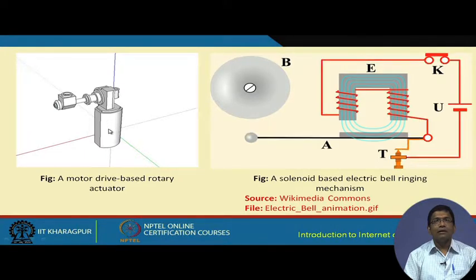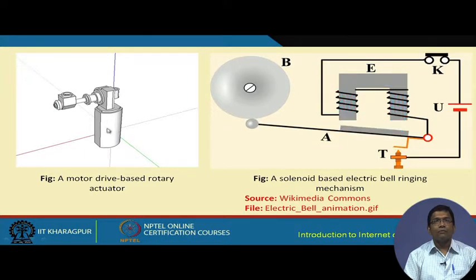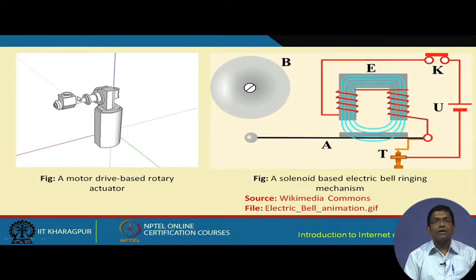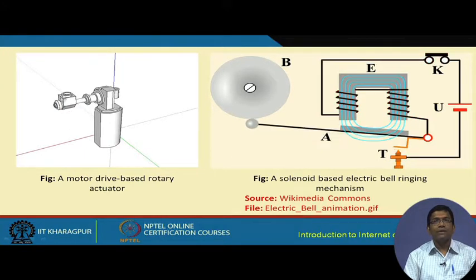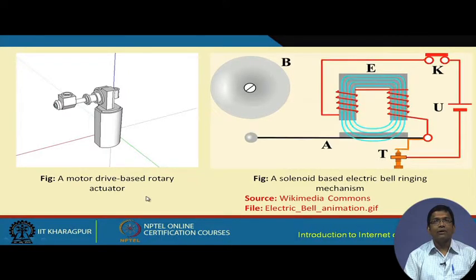The electrical signal over here will help in moving this, and it is going to give a rotary motion of this particular part. This is an example of a motor drive based rotary actuator.